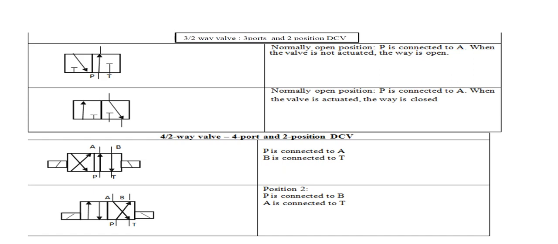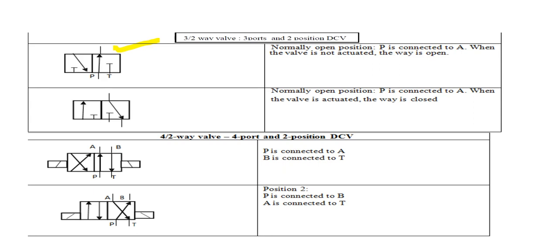So the 3 by 2 direction control valve, it has two positions and three ports, P, T and one actuator port. So this is normally open position. As I told you that the right hand side position of any diagram of direction control valve depicts the normal position, and the left hand side position will depict the actuated position of the valve.